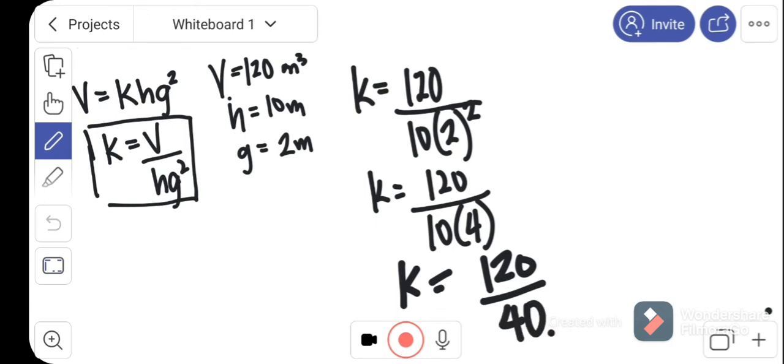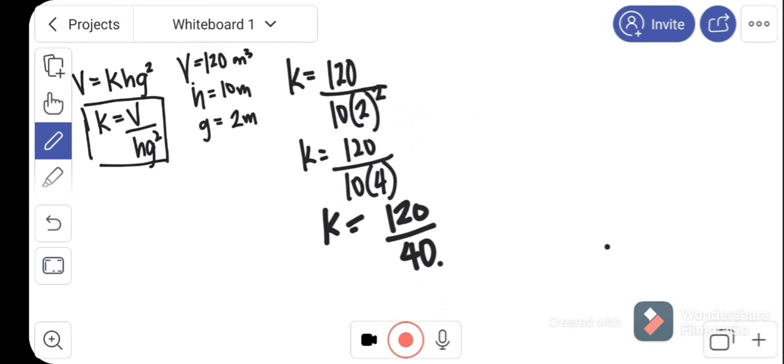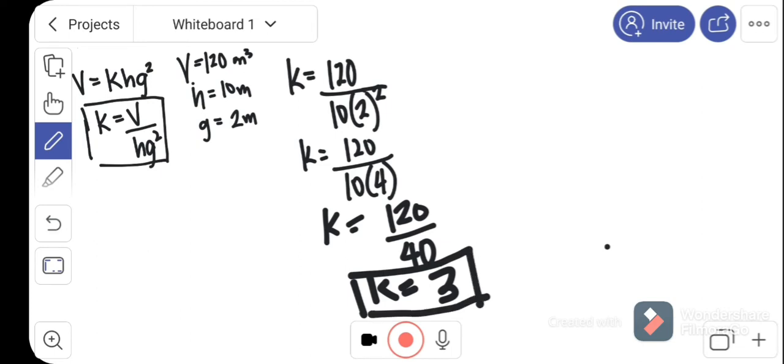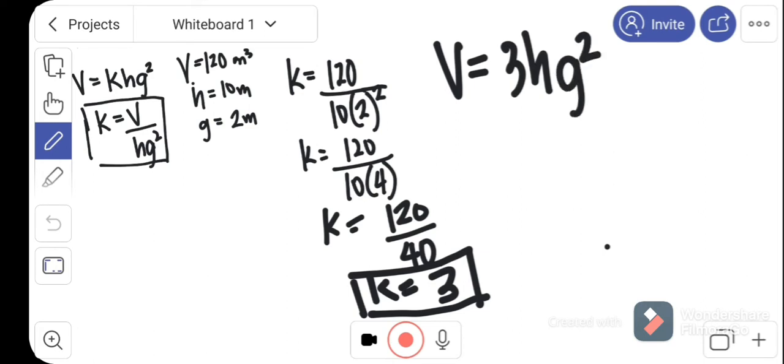And then we simplify this. 120 divided by 40 is 3. The value of our constant of variation is 3. Then we go to our equation and change k with 3. That's v is equal to 3, then copy the variables h and g squared.